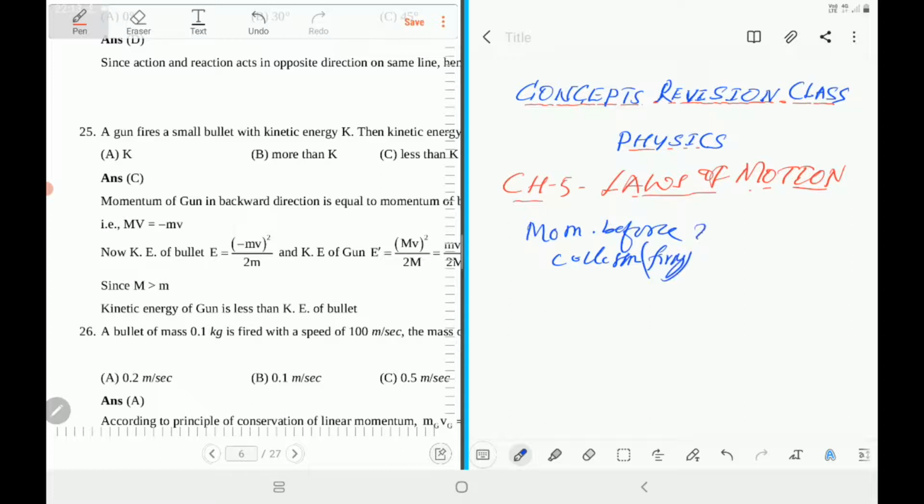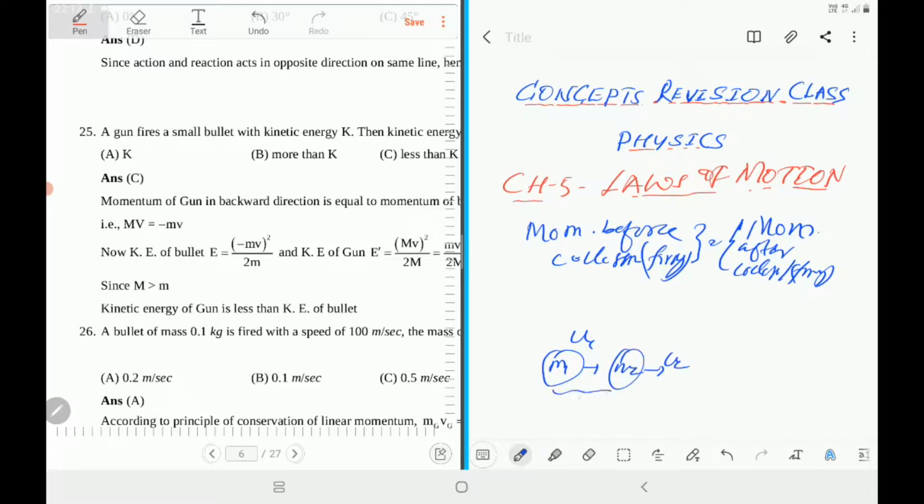Before collision, or if we are talking about firing of a bullet from a gun, before firing, the momentum is equal to the momentum after collision or firing. If there are two bodies engaged in collision, mass m1 moving with velocity u1 initially collides with another body m2 moving with velocity u2. This is before collision. They collide for a time t, exchanging forces.